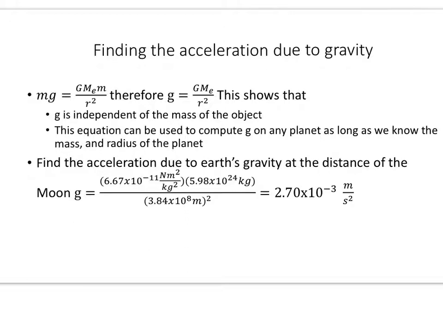Okay, now here's a problem. We want to find the acceleration due to the Earth's gravity at a distance of the moon. In other words, we want to find out what g is when we're at a distance from the center of the Earth equal to the distance from the Earth to the moon.